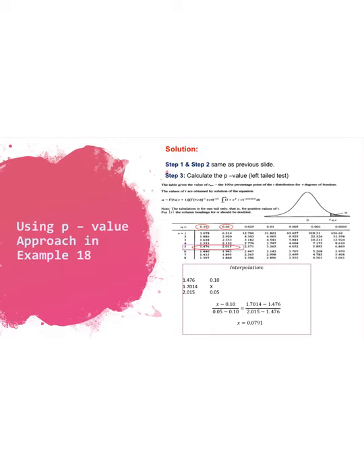Tapi the exact value dalam table ni tak ada. Dia berada di antara 1.476 dan 2.015. Tapi awak kena refer degree of freedom yang betul lah. Kalau tadi N 6, that's why kita tengok dekat degree of freedom 5.